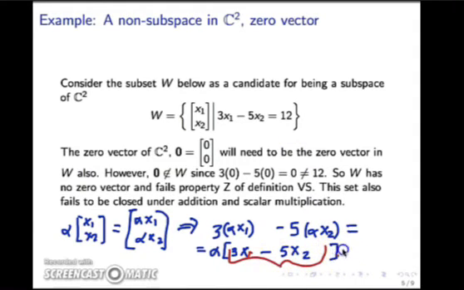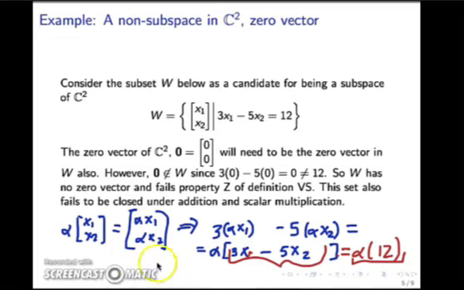So let's write one more line. This would be alpha times 12. However, this is a bummer, because for this new vector to be a member of W, for the scalar multiplication to be closed, we would need this right side of the equation to be equal to 12, not 12 alpha, but simply 12.